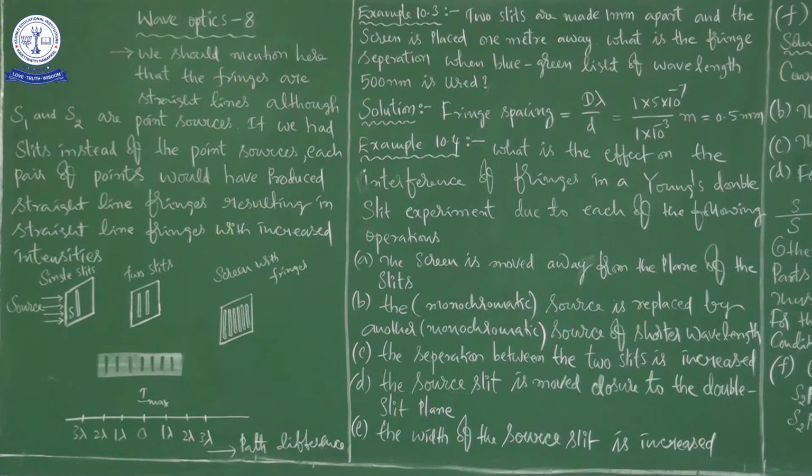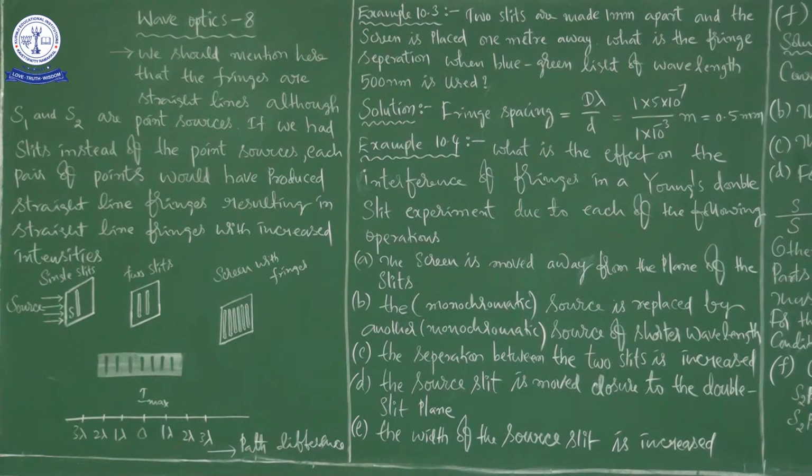Afterwards you can convert into whatever system we want. If you do this calculation, you will get 5 into 10 to the power of minus 4 meters, which is equal to 0.5 millimeter. That is the fringe spacing.